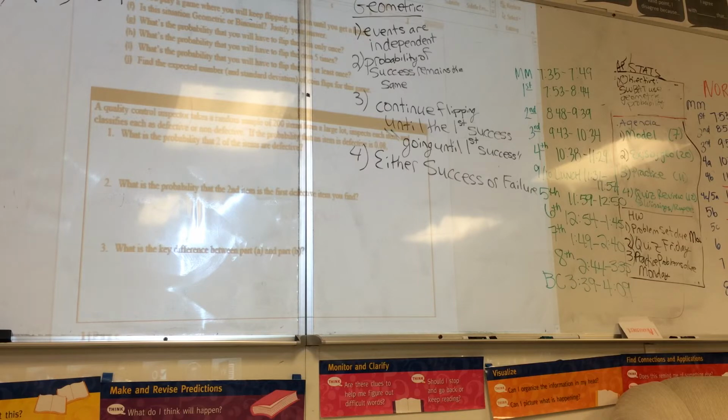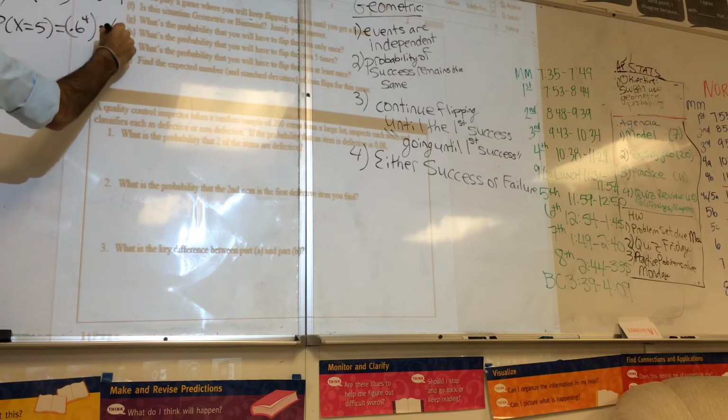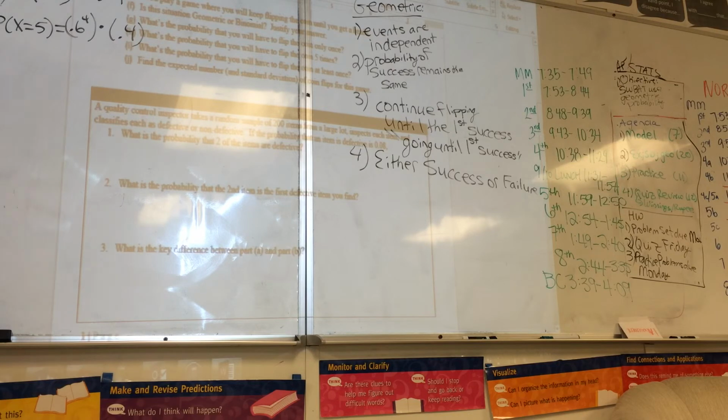So the probability of getting a heads is 0.4. So on the next line, the probability that x equals 5 equals 0.6 to the 4th power times 0.4. This would be the answer to part H, which would be 0.0518.